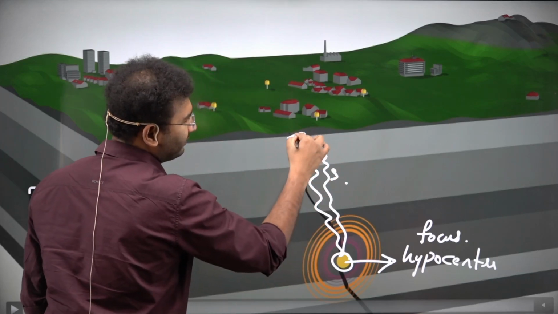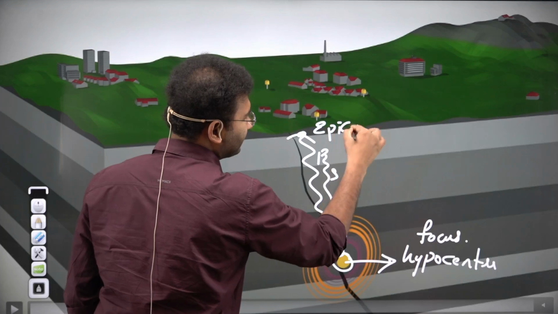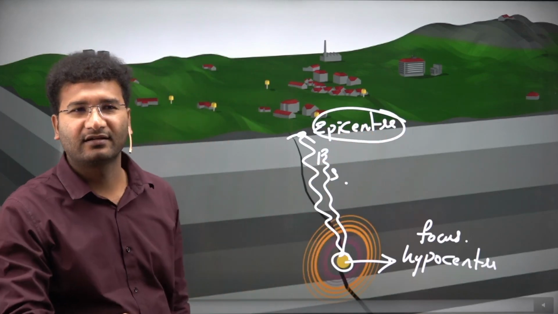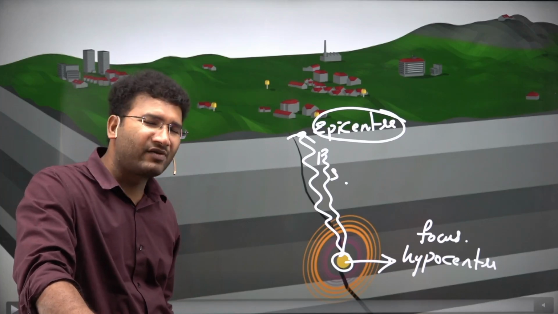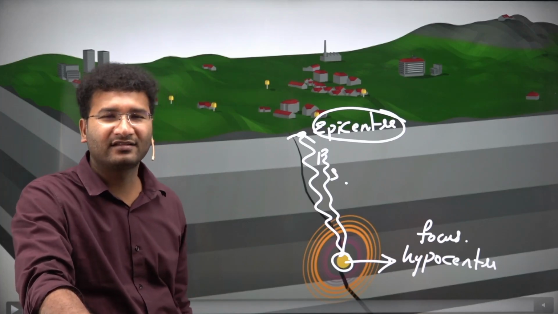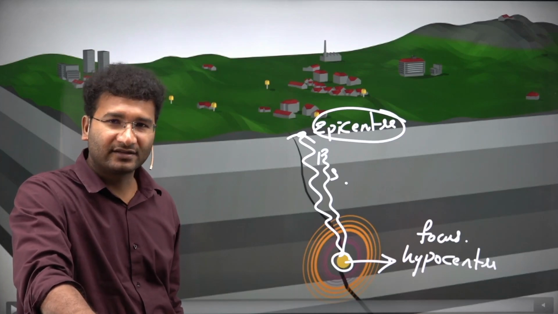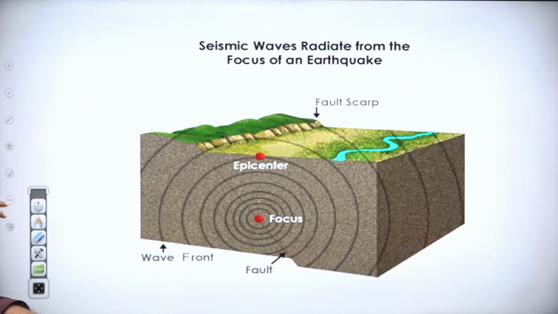The place where the P waves reach the surface of the earth for the first time is called the epicenter. At the epicenter we measure the magnitude of the earthquake, whether it is 5, 6, 7.5, 7.8, 9. This is how earthquake magnitude is checked. These are the fundamentals of the earthquake. I hope you got this.